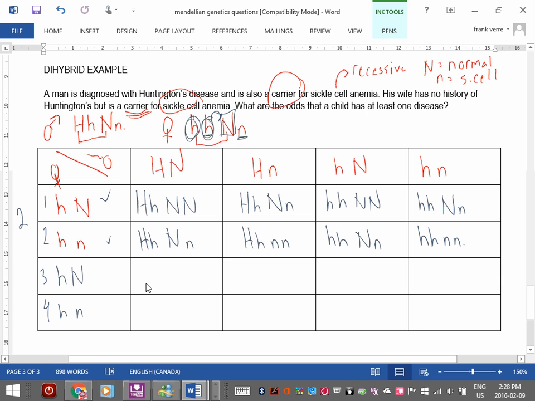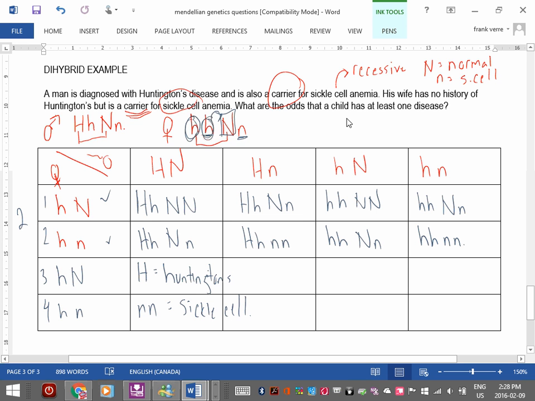So, now it's deciphering this. So remember, if you have a big H, that means you have what? Huntington's. And if you have 2 little n's, you have sickle cell. Yes, because it's recessive.